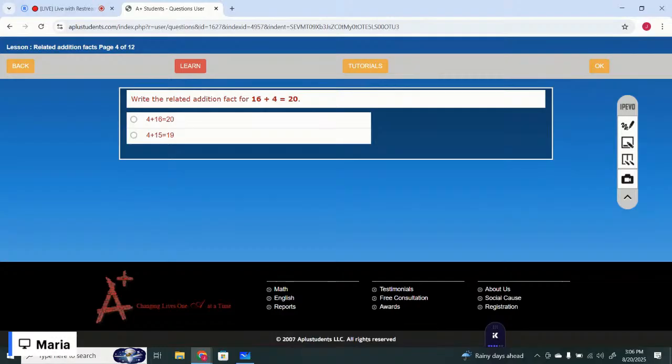Write the related addition fact for 16 plus 4 equals 20. Option number 1 is the correct option.